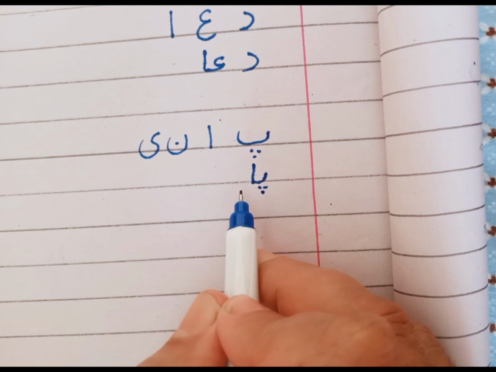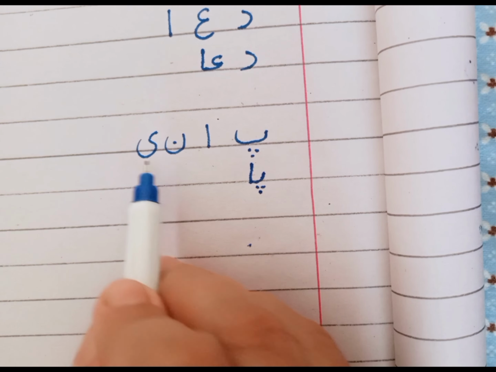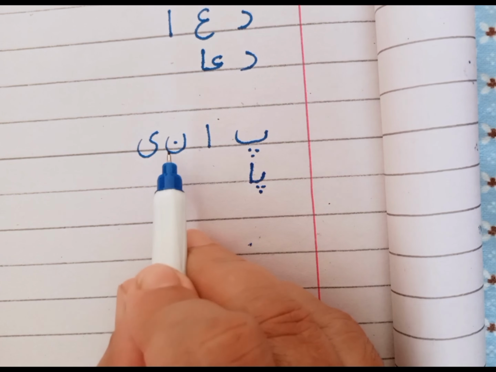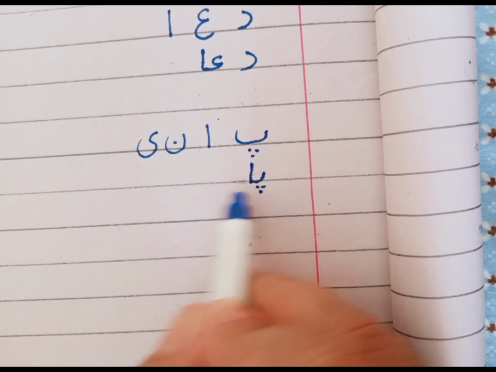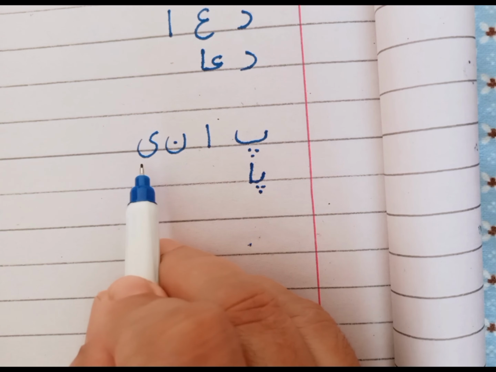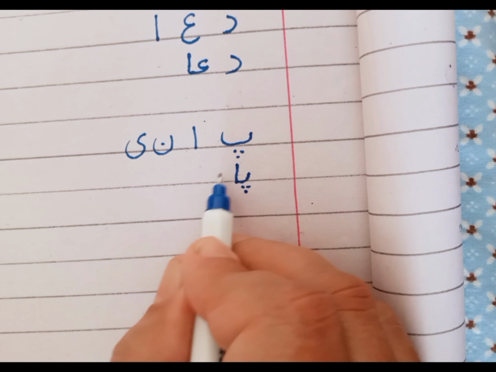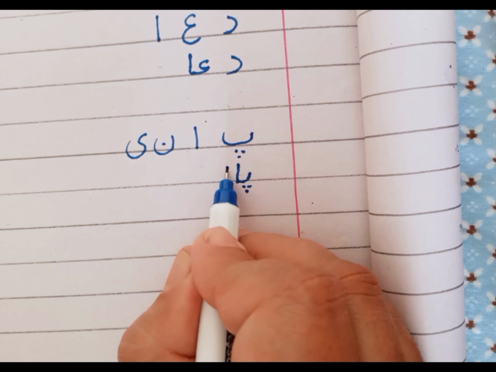Now 2 more letters are there. This time Aleph is there, and after Aleph we cannot join this Noon. So Noon will not be joined with Aleph, but Noon can be joined with Chotiye. When Noon is written in half shape and it is followed by Chotiye, it is written like this.